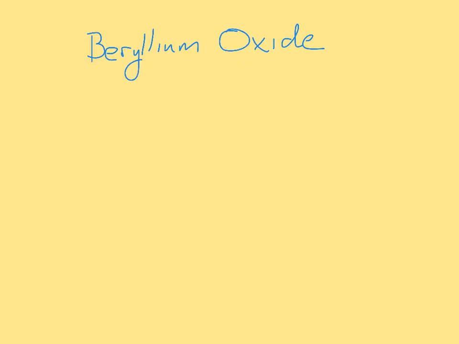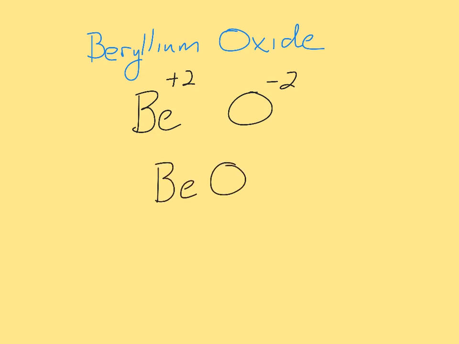So let's say we want to write the formula for beryllium oxide. I'm going to go to my periodic table and find beryllium and oxygen. I'm going to add the combining capacities for both, and then we're going to cross over. This is the crossover method.